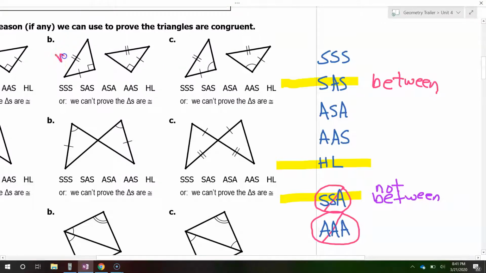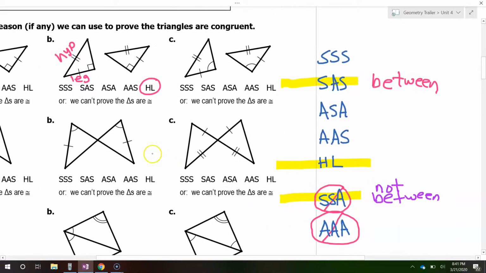Here's the hypotenuse right here. Last time it had no mark. This time it is marked. So we have a hypotenuse, looking good for hypotenuse leg. And in fact, any other side is called a leg. So we have a hypotenuse and a leg. That definitely makes this hypotenuse leg.